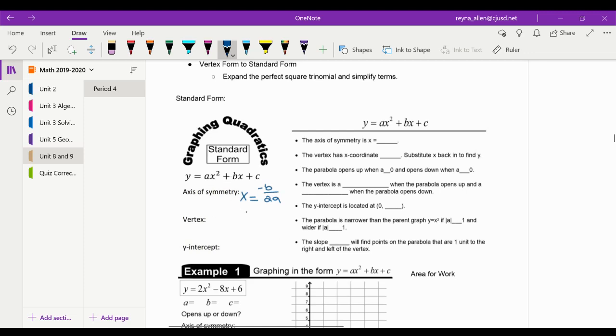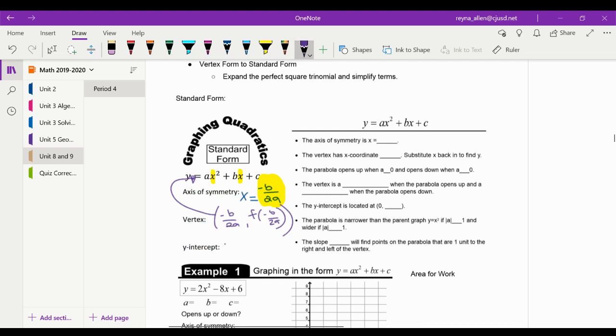If I wanted to find the vertex, I would take this number, make that my x, and then I would have to substitute that into this equation to find my y. So I would take whatever number this is and I would substitute it in every time you see an x. And then eventually you're just going to have all numbers, and then whatever your answer is, that is your y.